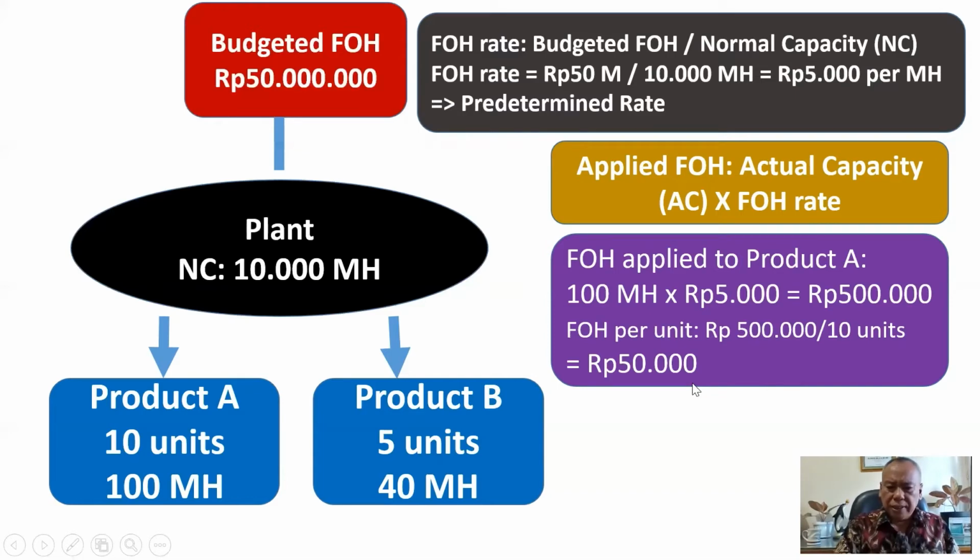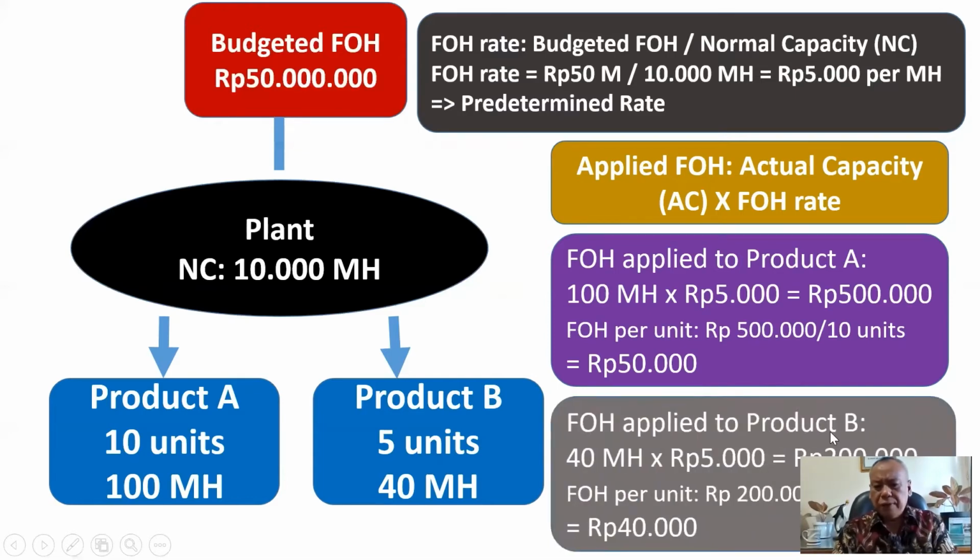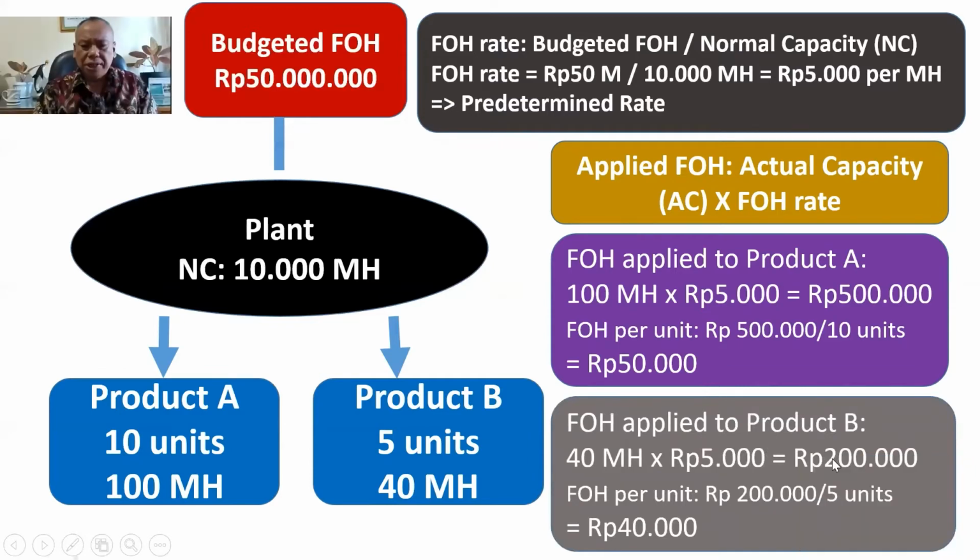The same calculation applies for product B. Because to produce 5 units of product B takes 40 machine hours.